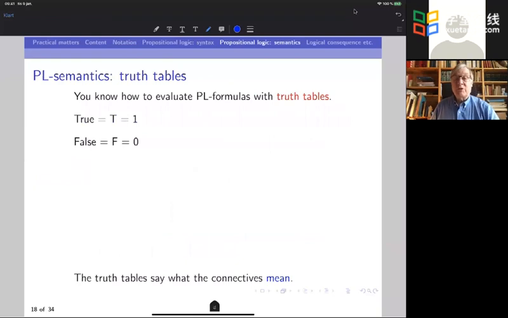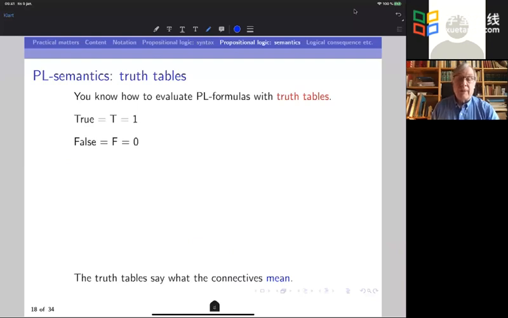That was the syntax of propositional logic, what the formulas look like. Now we come to the semantics, what they mean. And meaning in logic is the same as truth conditions.